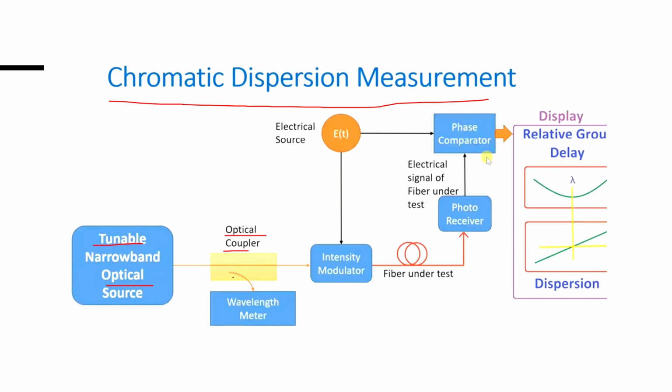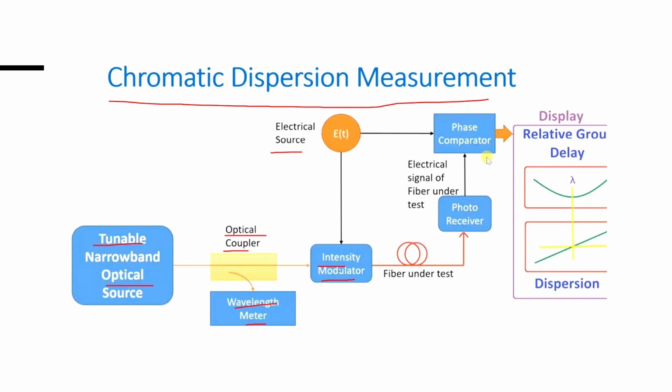An optical coupler will have the wavelength meter, which is used to show the wavelength of the light signal, and the output of this is given to the intensity modulator. An intensity modulator will modulate the intensity of the light signal with respect to the electrical source. Here you can see that the electrical source is given here, the arrow is pointing here.